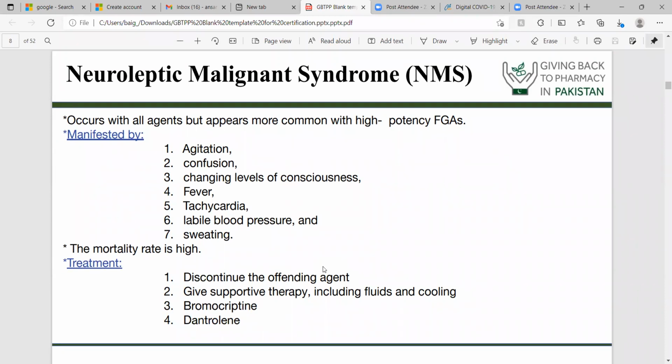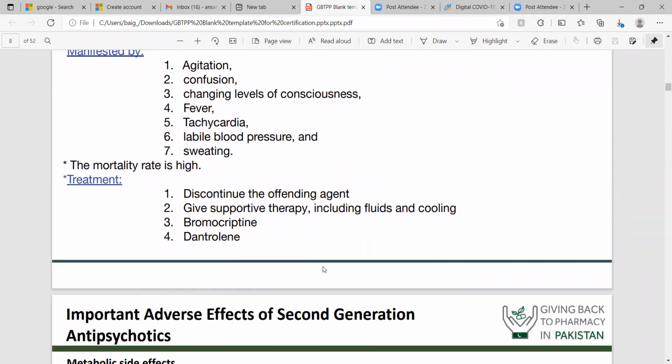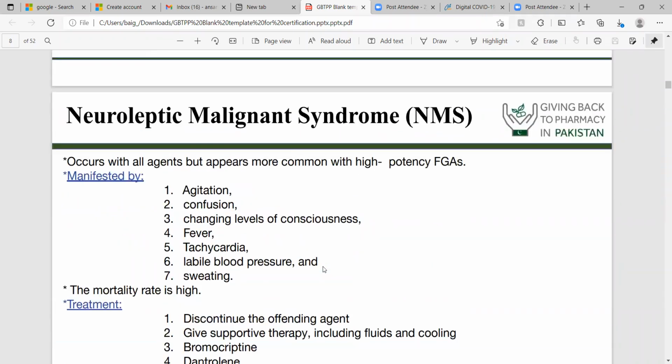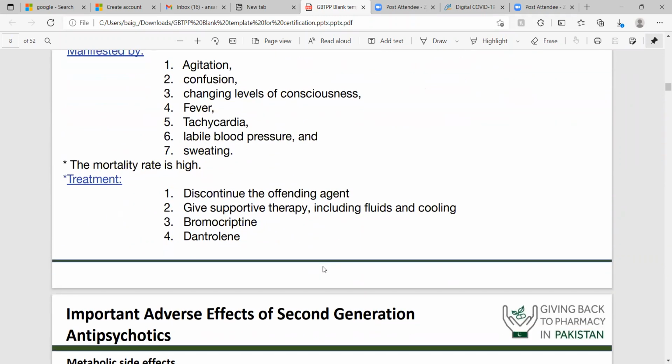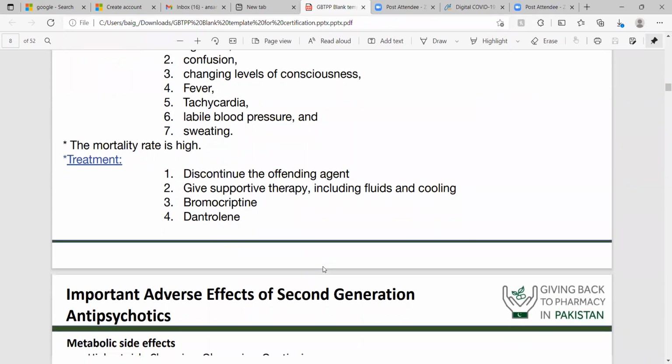It could be possible with all agents, but appears more commonly with high potency first generation antipsychotics. The typical symptoms are agitation, confusion, changing levels of consciousness, fever, tachycardia, sweating, and high blood pressure. For treatment of neuroleptic malignant syndrome, we immediately discontinue the agent. Supportive therapy includes fluids and cooling, bromocriptine, and dantrolene.